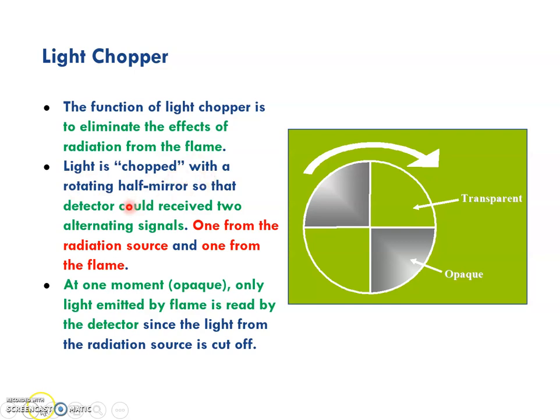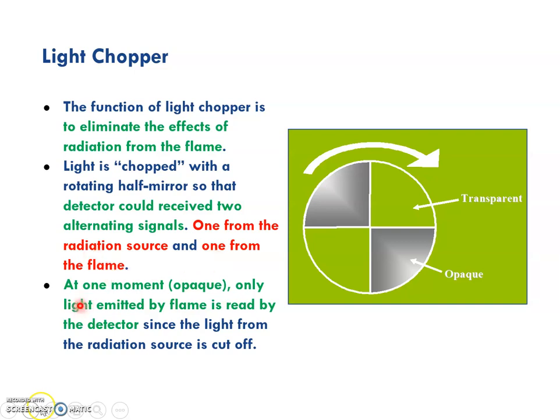Light is chopped with a rotating half mirror so that the detector receives two alternating signals. At one time, it detects the signal from the radiation source, and another time it detects radiation from the flame plus the radiation source.